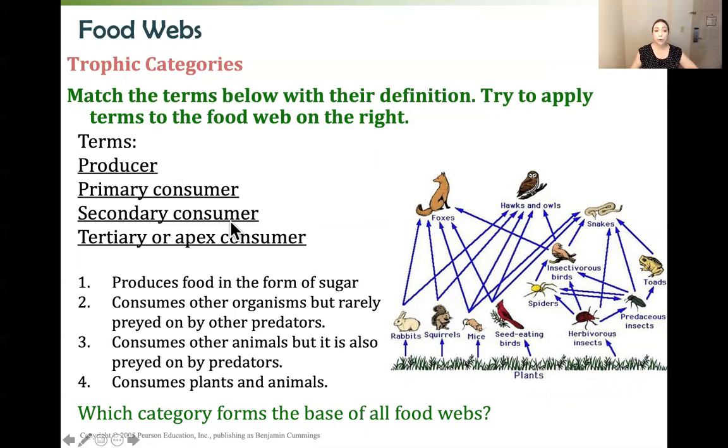Okay, so I wrote down producer, primary consumer, secondary consumer, tertiary consumer. So basically, first level, second level, third level of consumers. Now, below I wrote definitions. Produces food in the form of sugar. Take a second and think about that.